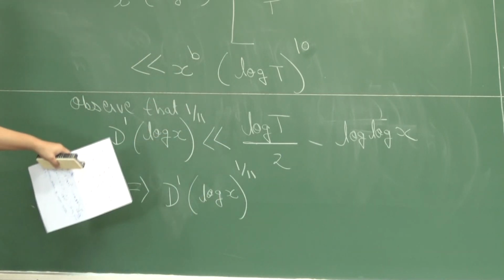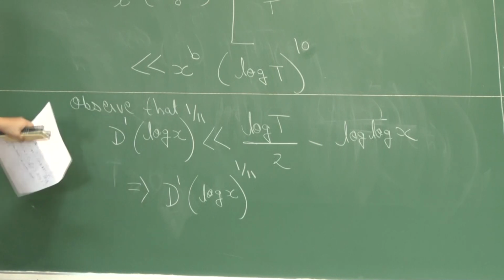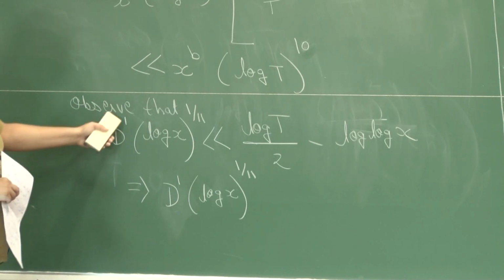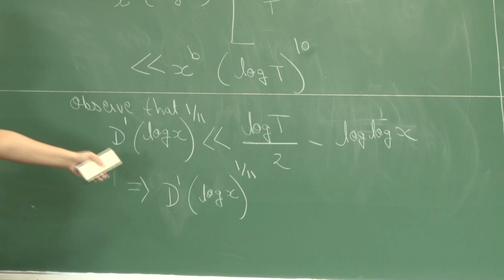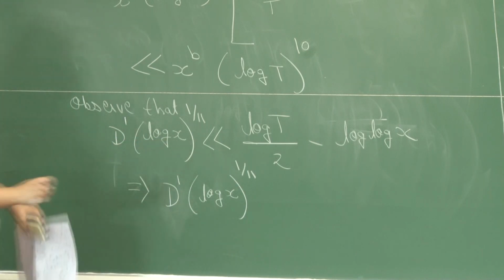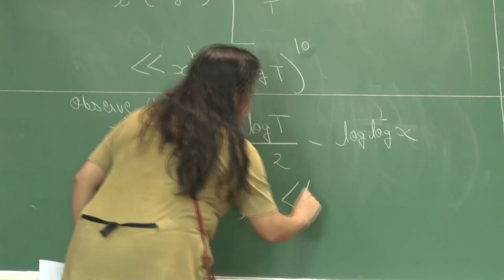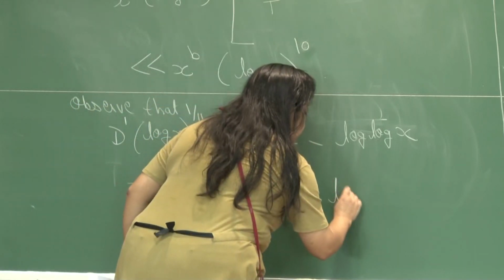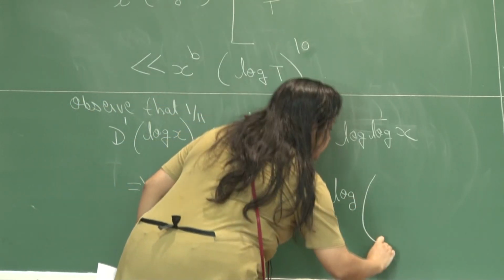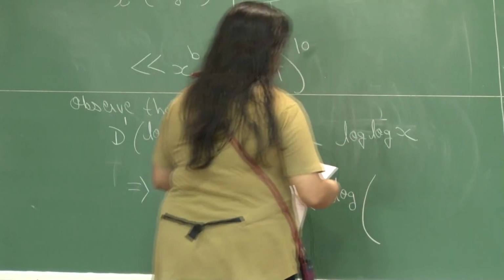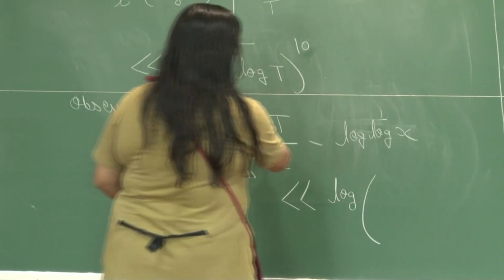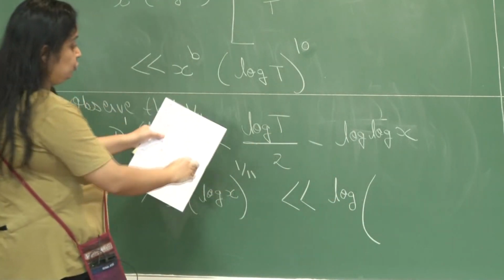D prime, so some constant, you can find some absolute constant d prime, so that d prime times log x raised to the 1/11 is less than log of capital T over 2.